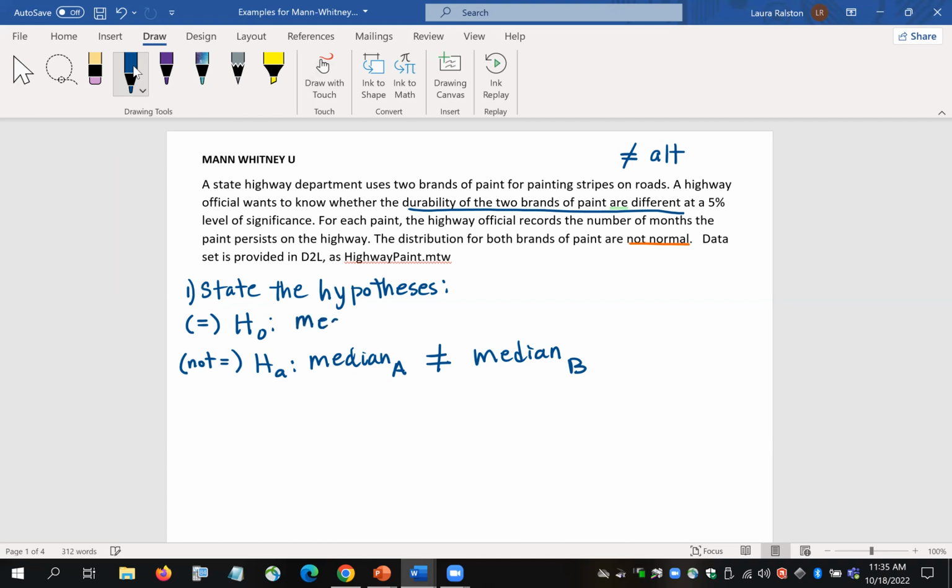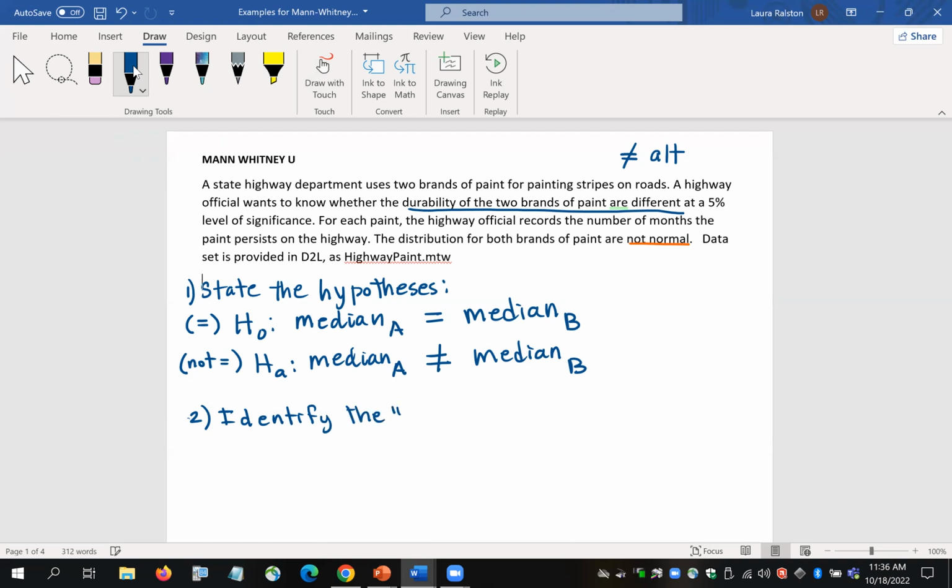Then my null, by default, is that the median of A equals the median of B. All right. Then step 2 is we identify the players.